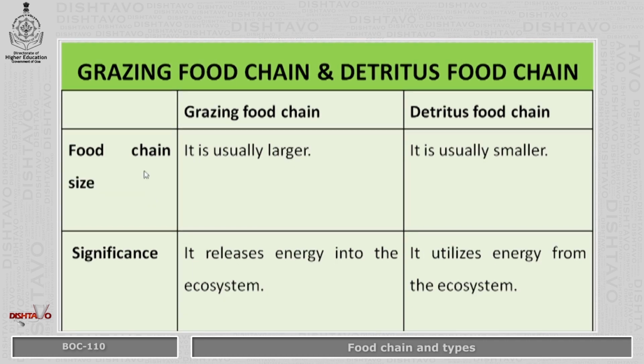Coming to the third difference, food chain size. The grazing food chain is usually larger in size, whereas the detritus food chain is usually smaller in size. Significance: grazing food chain releases energy into the ecosystem, whereas detritus food chain utilizes energy from the ecosystem.